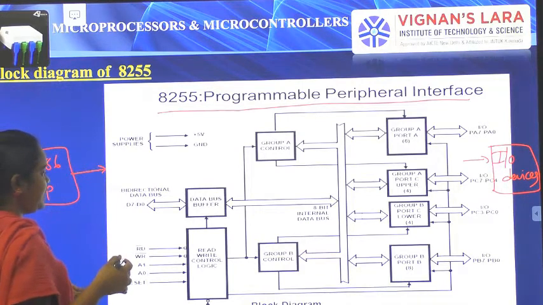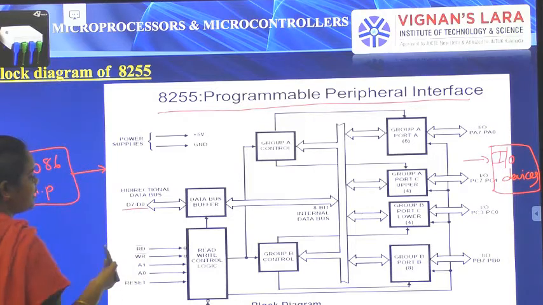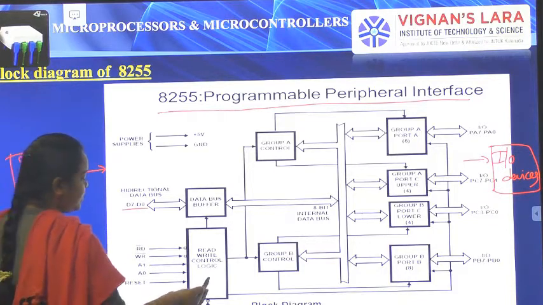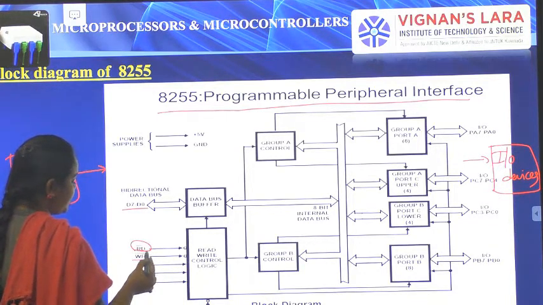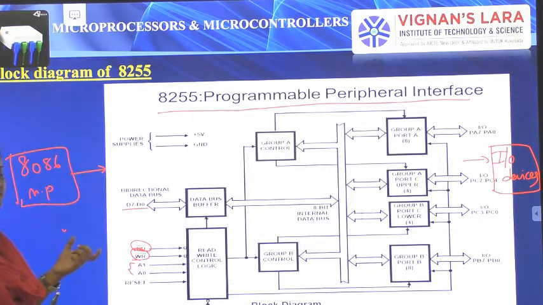We have the data bus D0 to D7 for carrying the data from the 8086 to the input and output devices, and the read and write control logic for the read operation and write operation. For sending the address of the 8086 or input output devices, we have A0 and A1. For resetting the registers, we have the reset pin.